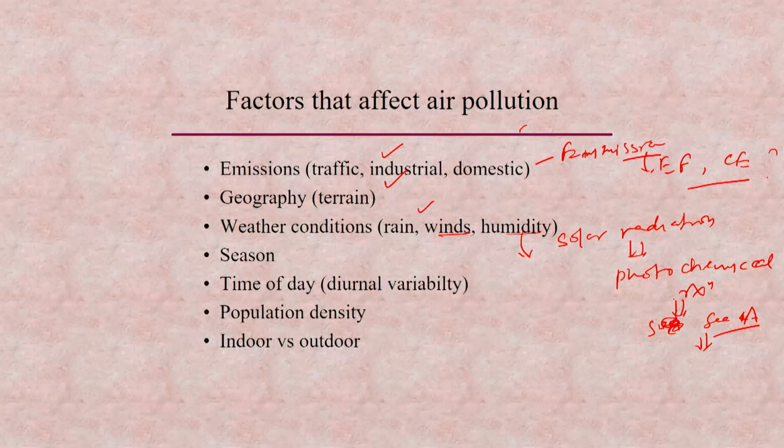So, solar radiation should also be considered, and then we have season. What is the season during the particular period? In India, different places have different kinds of seasons. In India we have 4 seasons. We usually talk about summer and winter, the 2 main seasons.